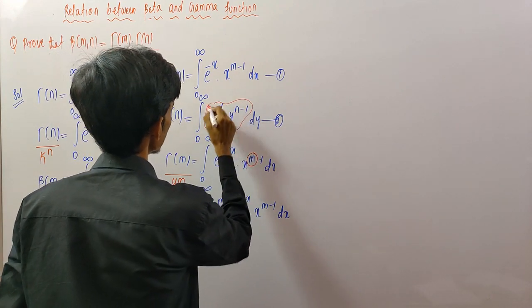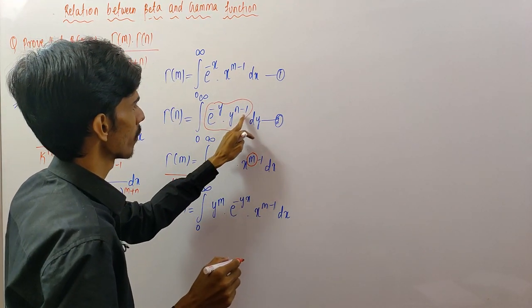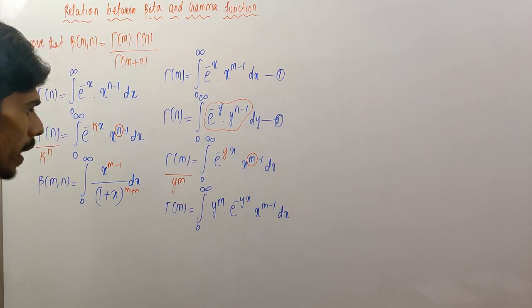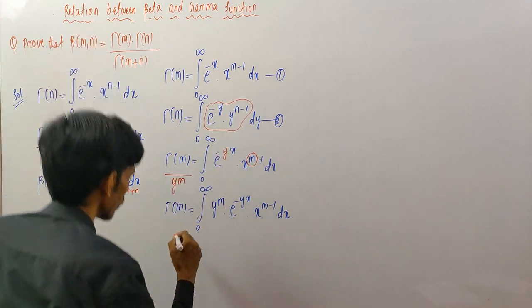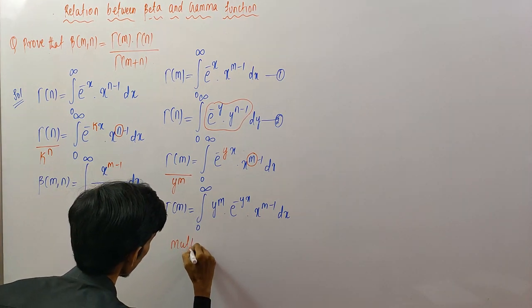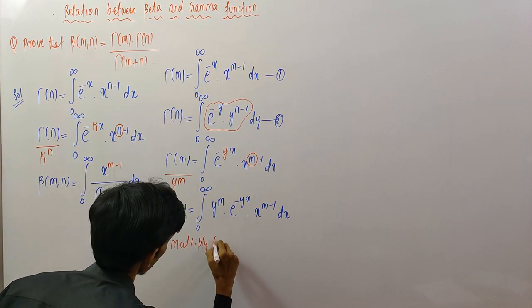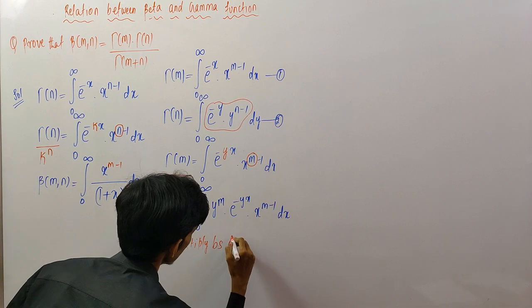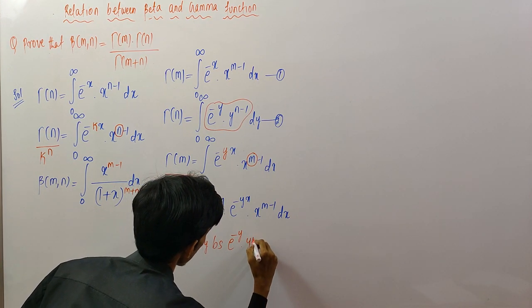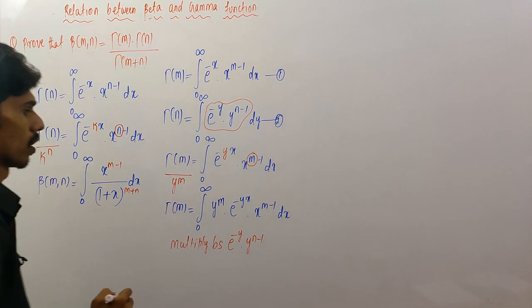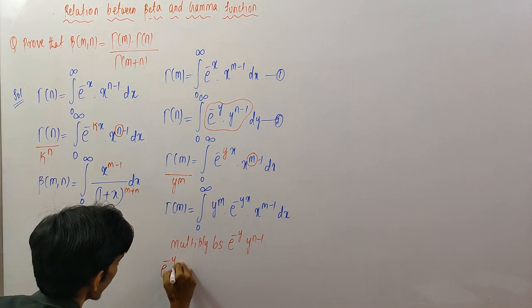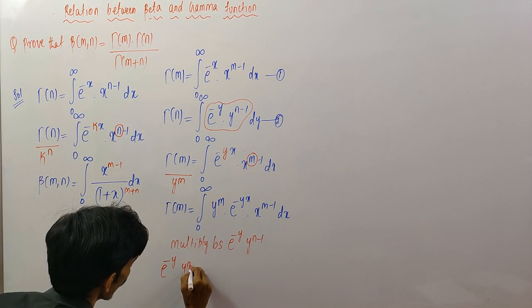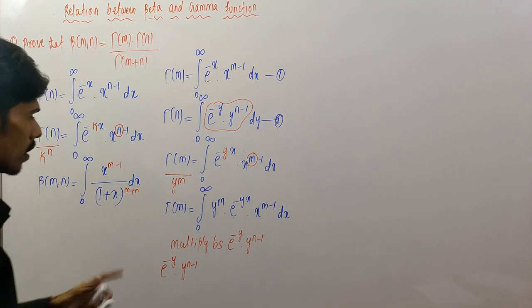So multiply both sides of this equation by e power of minus y into y power of n minus 1. So here I have e power of minus y into y power of n minus 1.